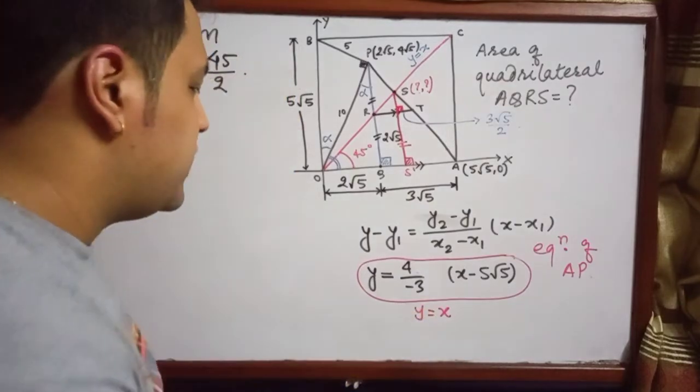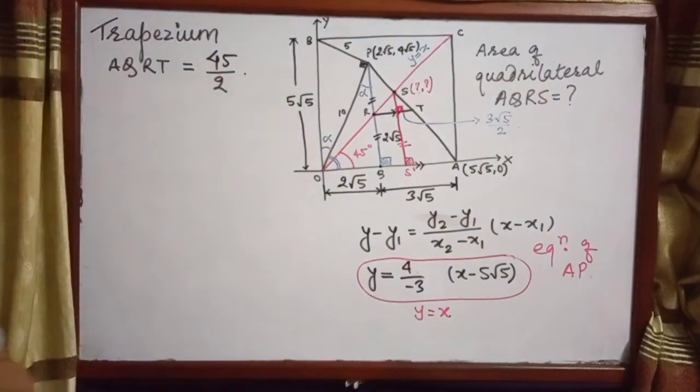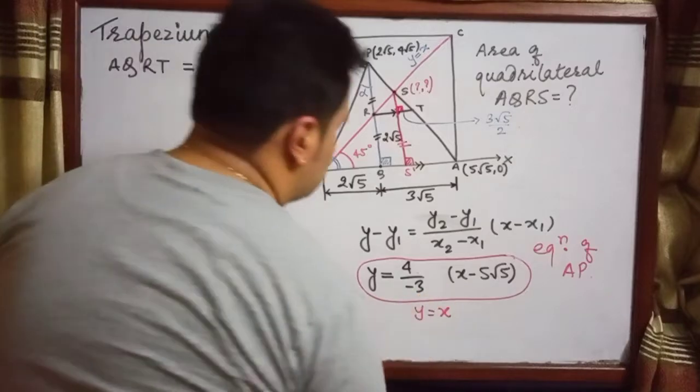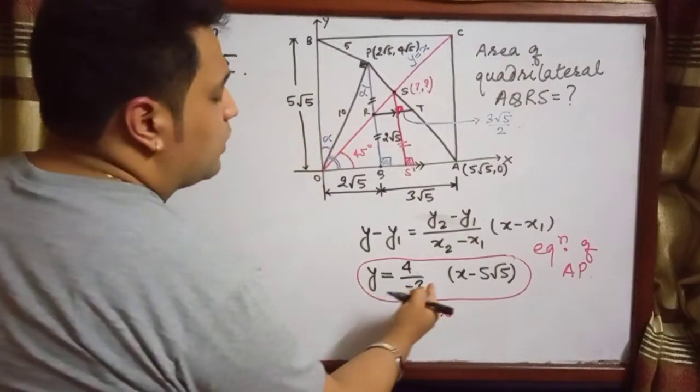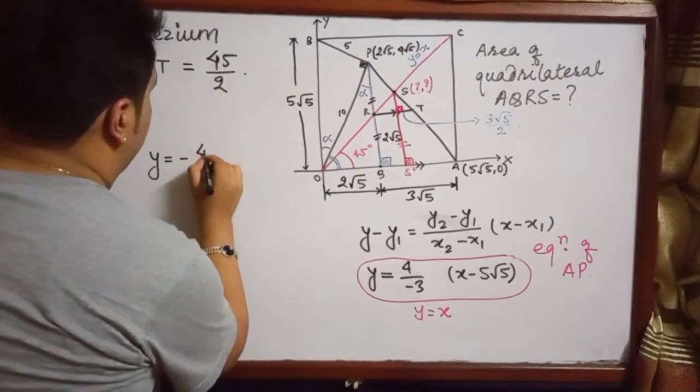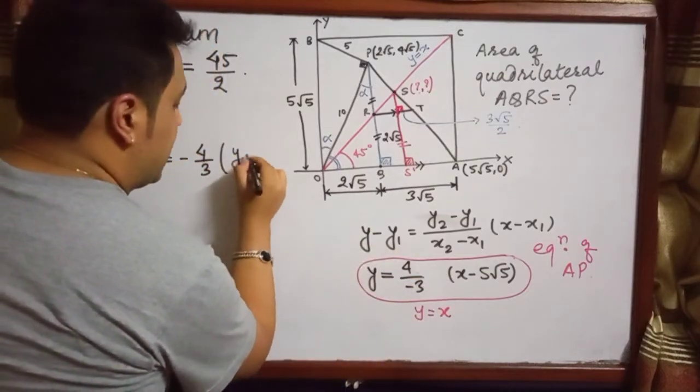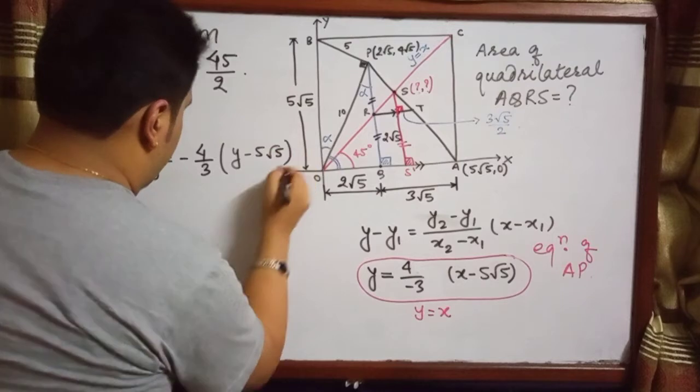To solve this equation for y, simply put x equal to y, and we'll obtain y equals minus 4 by 3 y minus 5 root 5.